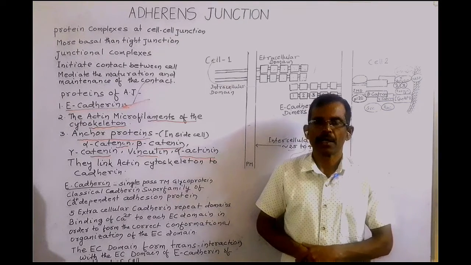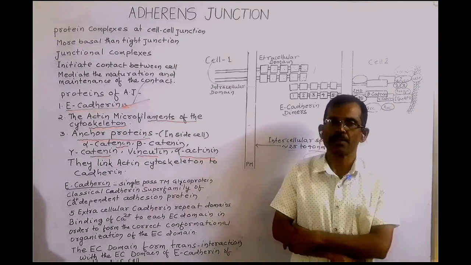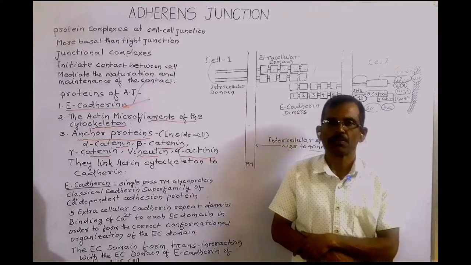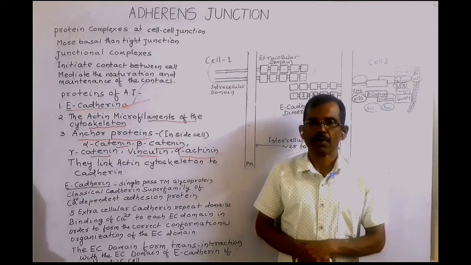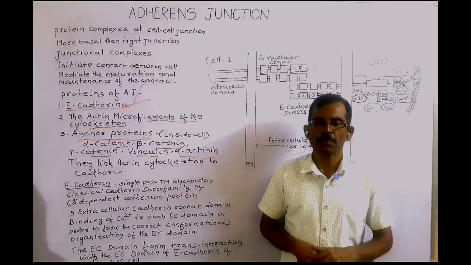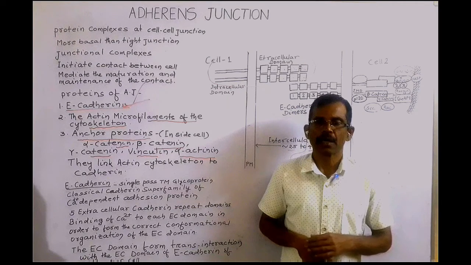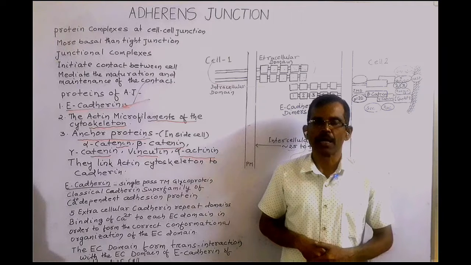E-cadherin is the core transmembrane component of the adherens junction. This protein is required for binding and localization of a number of important cytoplasmic proteins that link the cadherin complex to the actin cytoskeleton and several signaling pathways.